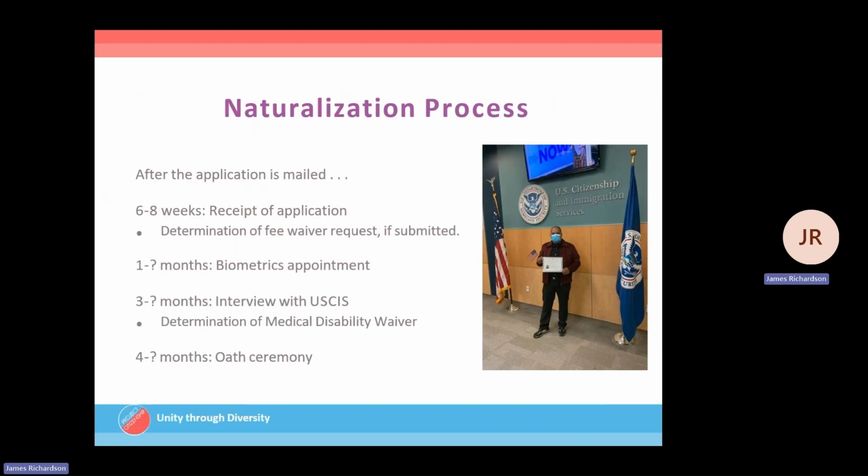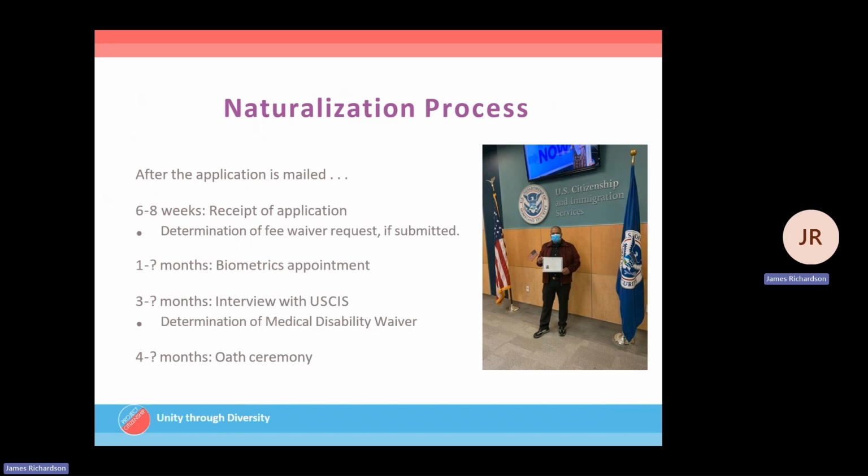So, in terms of the process itself, it's pretty broad in terms of the timeline, but we expect 6 to 8 weeks to get some sort of receipt notice for the application. After the 1 month mark, we're looking for the biometrics appointment notice, which would be where they do things like fingerprints and take your photo and run background checks.